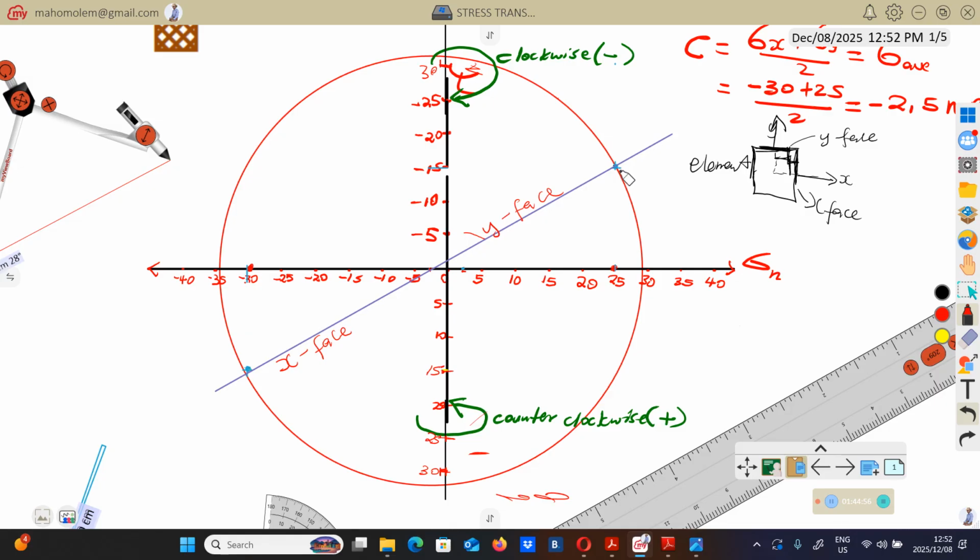If you want to know the shear stress at this point, you measure the vertical line from here to there, so it's going to be 15. At this point, shear stress is 15. At this other point, if you want to know the shear stress, you measure from here to there, the vertical line. It's going to correspond with 8. So shear stress is 8 there.